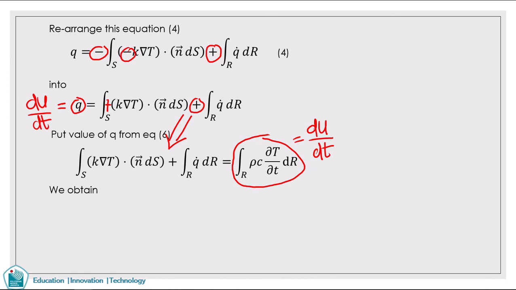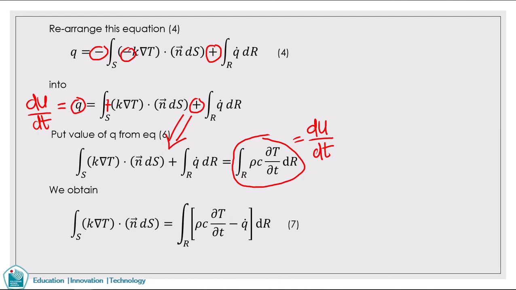And if we rearrange the equation again, we can obtain this relation. See, in the left hand side, this term is put into the left hand side. This term is changed to the right hand side.